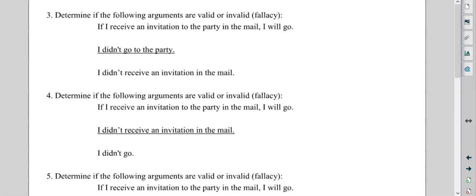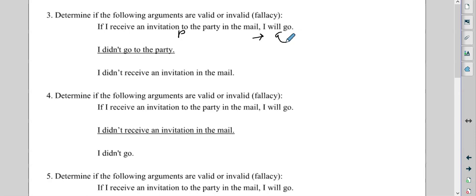All right. Number 3. Determine if this one is valid. If I receive an invitation to the party, so that's my P, then I will go. That's my Q. I did not go to the party.